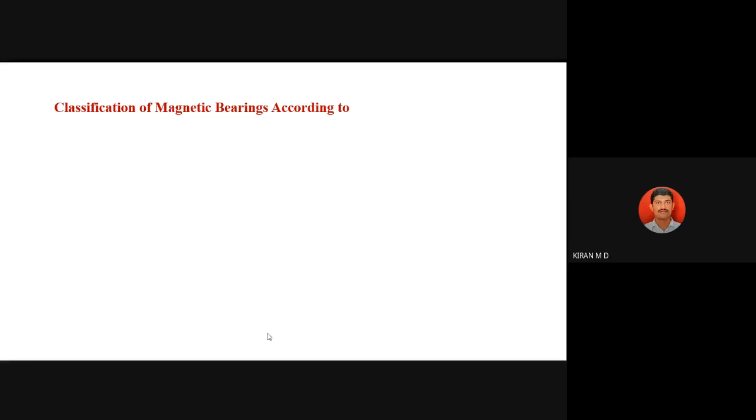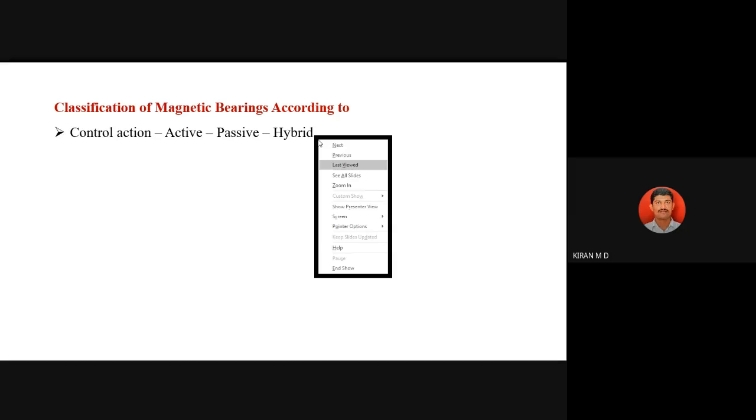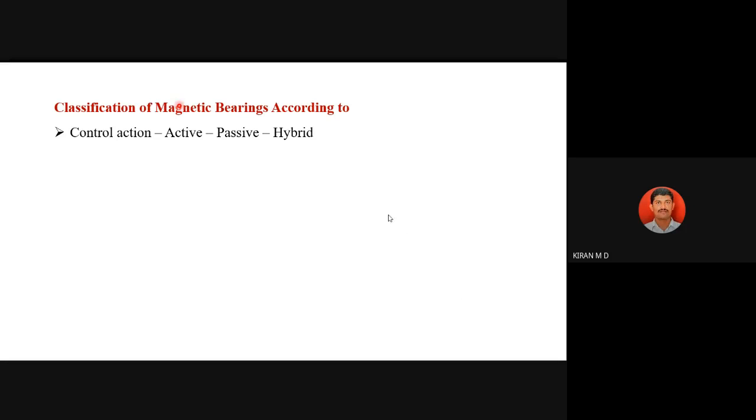Next is the classification of magnetic bearings. We are going to classify magnetic bearings according to different parameters. One is based on the control action. We classify into 3 types: active magnetic bearing, passive magnetic bearing, and hybrid magnetic bearing. In an active magnetic bearing, we use a feedback system to obtain the gap between the shaft and bearing surface, using space sensors or gap sensors.